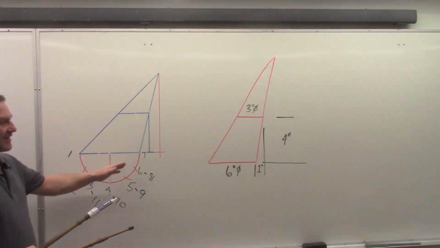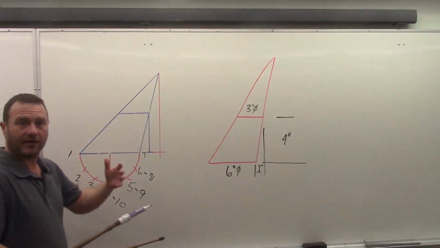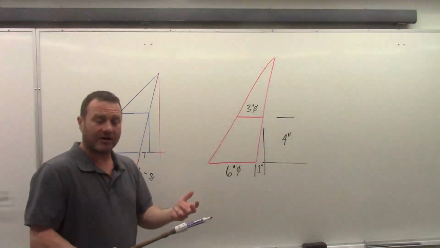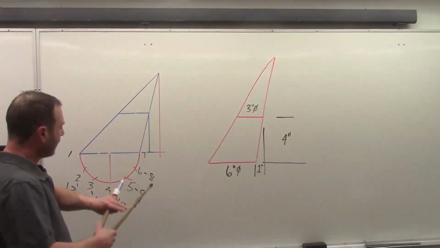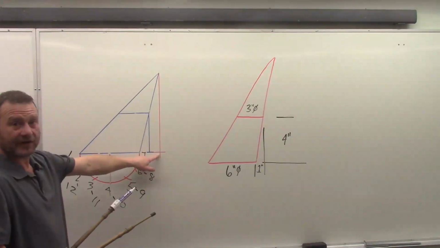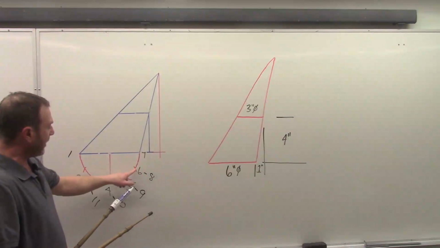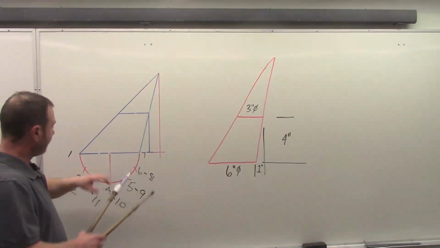So in a sense, I need to extend these lines a little bit so that I can view them somewhere where they are actually a true length. And we'll maybe look at that when we're done here. So what I'm going to do is, from this being my radius point for this step, I'm going to pick up these step offs and I'm going to radiate them up to the baseline.